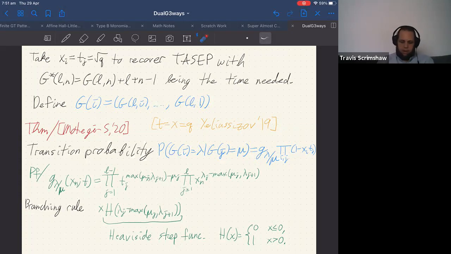And how we want to prove this is we're going to just look at the single variable case and do a branching rule, which is very integrable systems, lattice model, single row. And that allows you to, at least when all of the t's are equal to beta, do this without maybe too much trouble if you just, as I said at the beginning, change your auxiliary spaces, the horizontal lines, let's say, to be bosonic rather than fermionic.